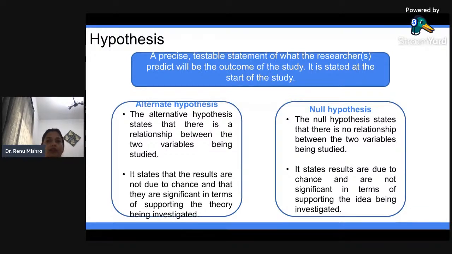Okay, so the alternate hypothesis is just trying to prove there is a relationship between the variables. The null hypothesis means you are trying to prove that there is no relationship. Now, whether there will be a relationship or not, you will prove once you conduct the analysis, once you conduct the research.